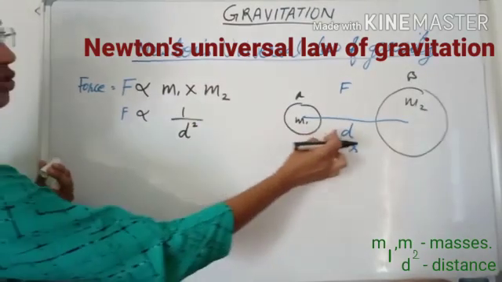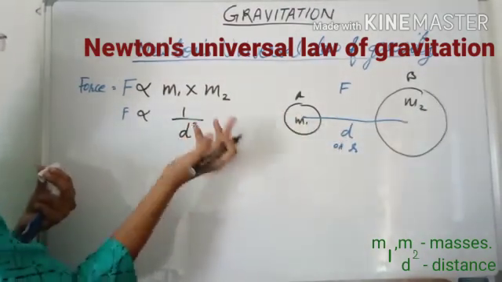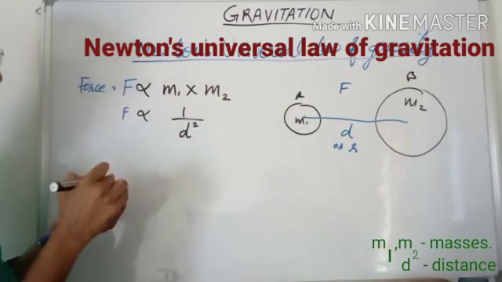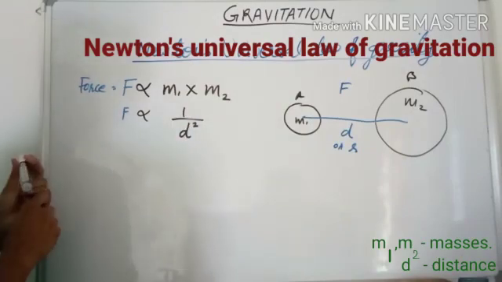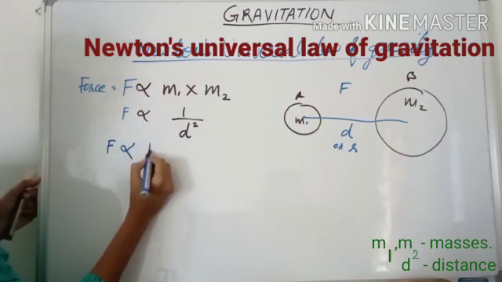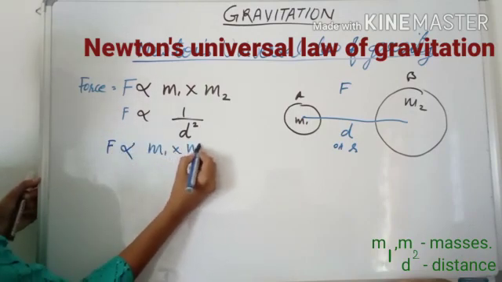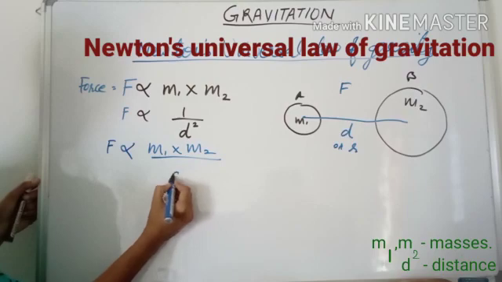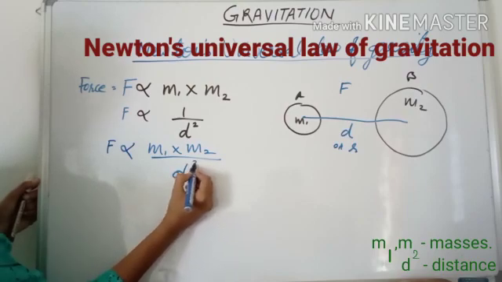The distance between them is d square, or sometimes in some books it is r. So from here we can say that the force is proportional to m1 into m2 divided by d square.